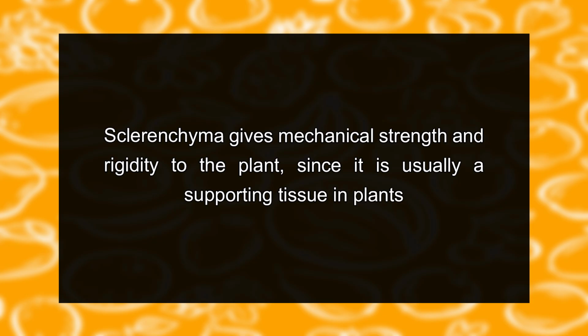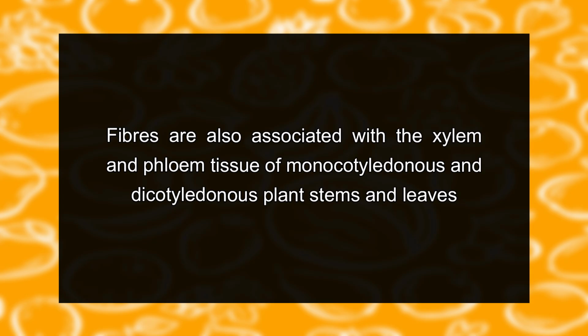Sclerenchyma gives mechanical strength and rigidity to the plant since it is usually a supporting tissue in plants. Fibers are also associated with the xylem and phloem tissues of monocotyledonous and dicotyledonous plant stems and leaves.